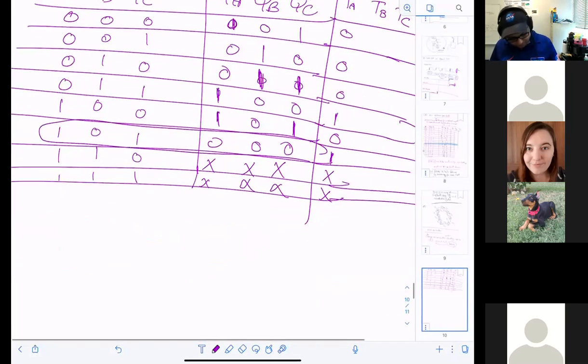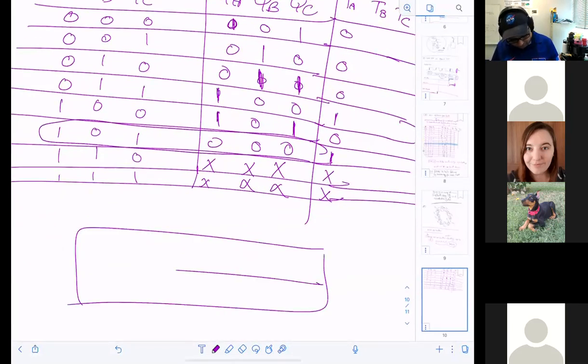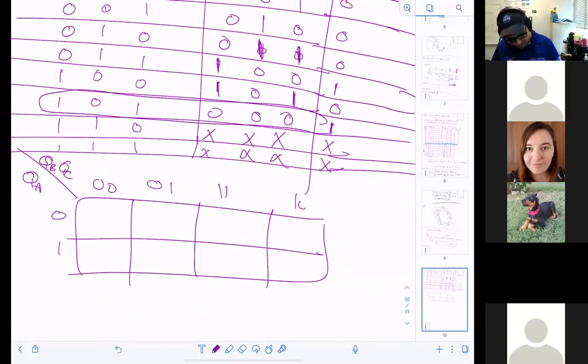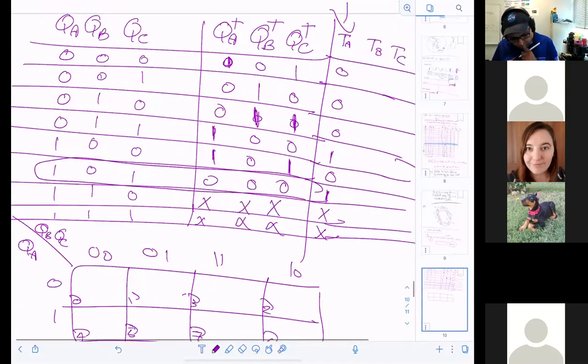So let's make a K-map for this. Look. QA, QB, QC, with locations 0 through 7.